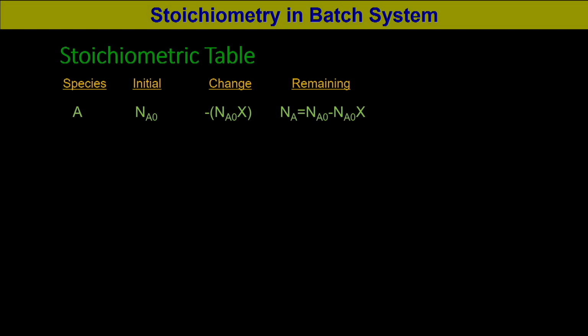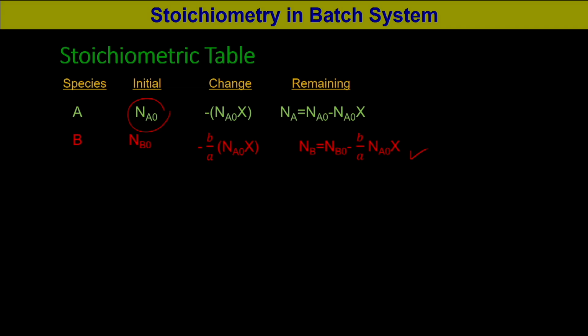Initially we had species A with Na naught, and its change due to the chemical reaction is minus Na naught X, and the amount remaining is Na, which is Na naught minus Na naught X. For species B, the initial amount is Nb naught, then the change due to the chemical reaction is minus B by A Na naught X. So, Nb would be Nb naught minus B by A Na naught X.